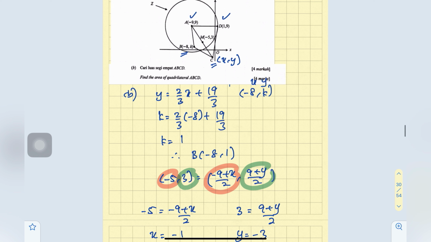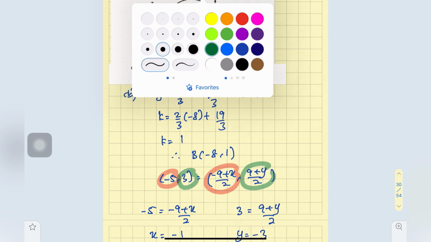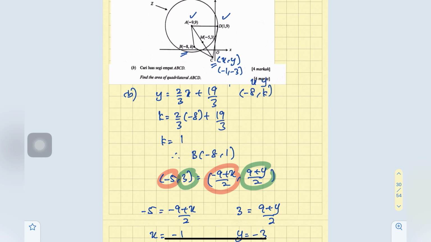Kita dah dapat kat sini, which is this one, (-1, -3). So kita susun. Kita kena susun mesti ikut susunan. Kita tak boleh berterabur. Kita boleh guna AD, CB ataupun AB, CD. Tak kisahlah start daripada huruf mana pun. Lebih senang kita guna je ABCD.